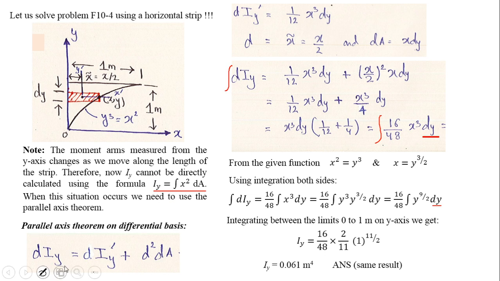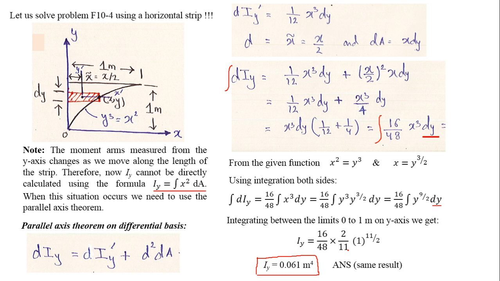Rather, we have to use the parallel axis theorem on a differential basis. But the end result will be the same. So it depends upon the choice of your strip. If you have intelligently selected the strip, you might reduce your work and make it more simple.